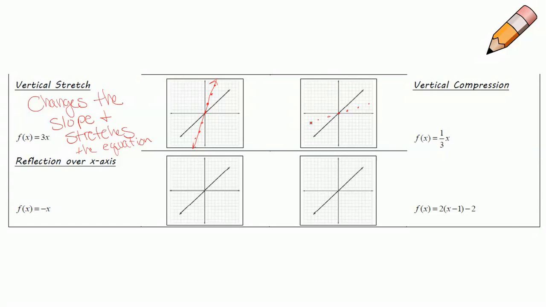So it's going to look something like this. It looks like something pushed on the top and pushed it down. So this changes your slope again to whatever the number is.